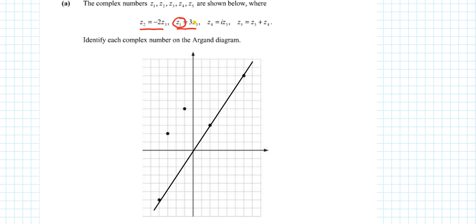Z1, wherever it is, is 3 times further out than Z3. So if this is Z3, what is 3 times further out than that? That would be Z1. And remember what we said about Z2.